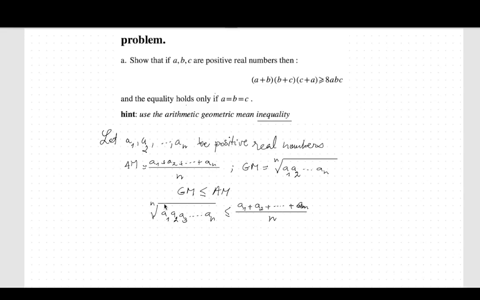So this is a reminder of the arithmetic-geometric mean inequality.